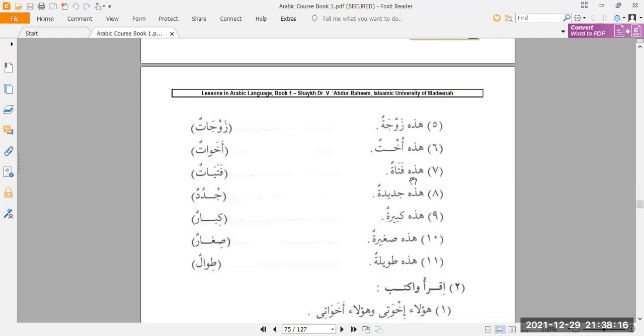Number 7, هذه fatatun. We did this word earlier. When I told you, you could picture the word in your mind. Fatatun, a young girl. Haulai fatayatun. Because words which are hurufi illa, as they would be called in Arabic, naughty letters as some people translate them in English, sick letters as others call it, which is an alif, a waw, and a ya.